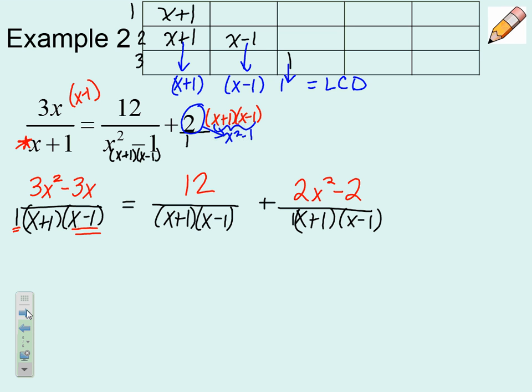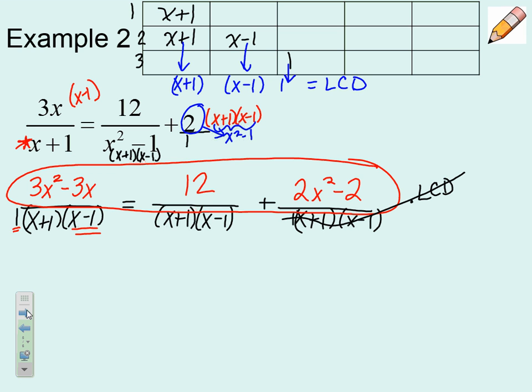And now that the common denominators have been established and they're all the same, you guys, now we just focus on solving these numerators. Okay, solving that equation, because the lowest common denominator would essentially cancel out if I multiplied by the lowest common denominator here, and if I multiplied by the lowest common denominator on this side. Yay, leaving me with just those numerators. So I'll just solve 3x squared minus 3x equals 12 plus 2x squared minus 2.